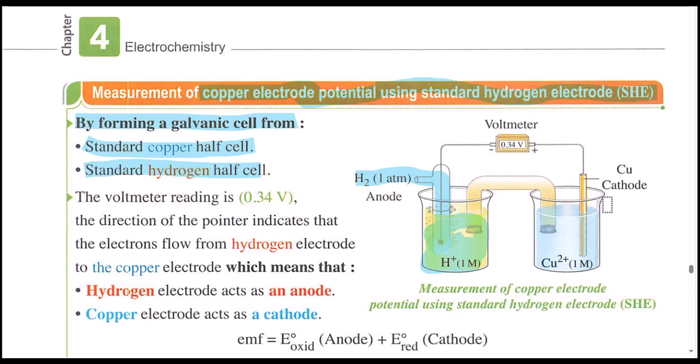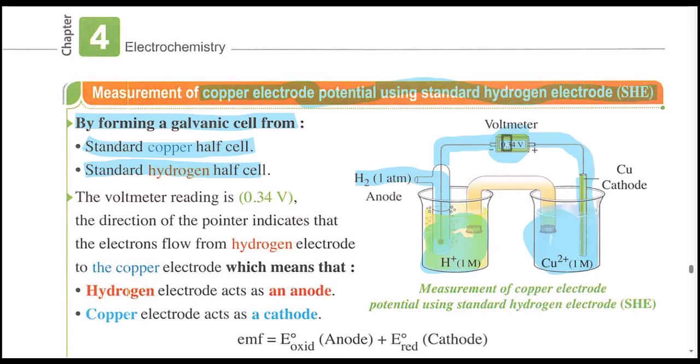And the standard copper electrode is a copper sheet dipped partially in a copper solution with a concentration of 1 molar. We connect between them by an electric wire and a voltmeter.